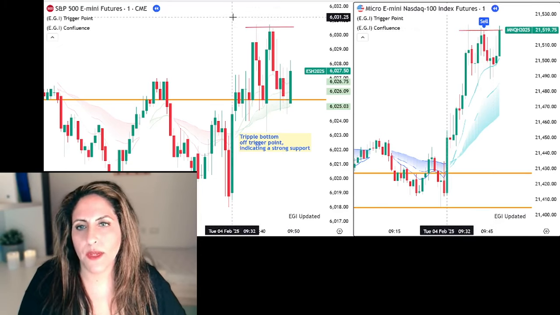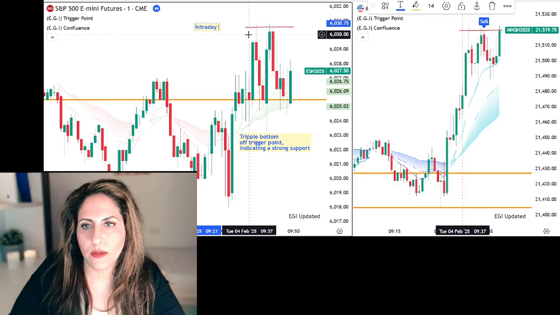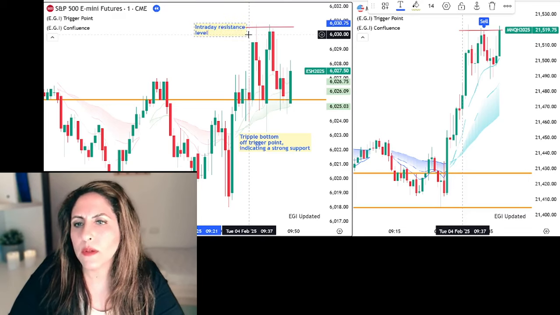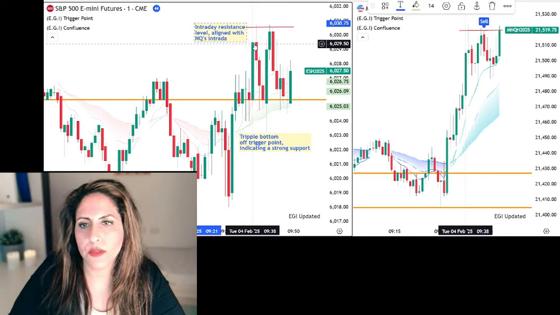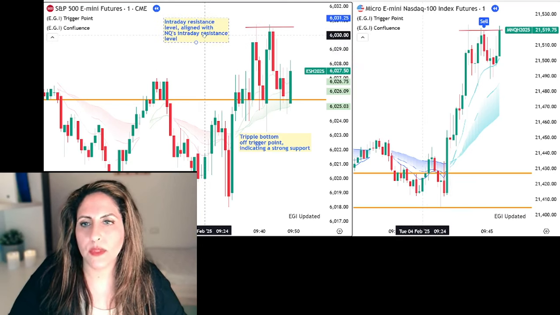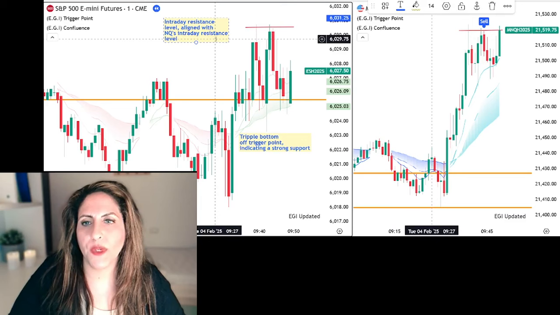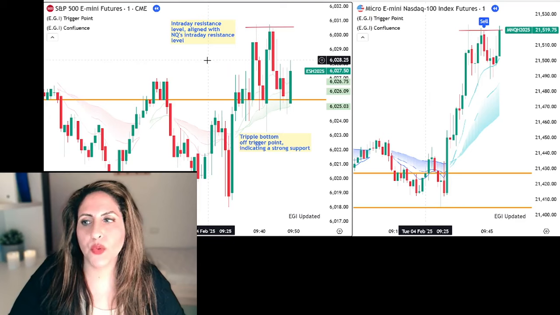Okay, so let me write down, this is an intraday resistance level aligned with NQ's intraday resistance level. So what I usually do in this case, I'm waiting for ES to break this resistance level, expecting NQ to do the same.